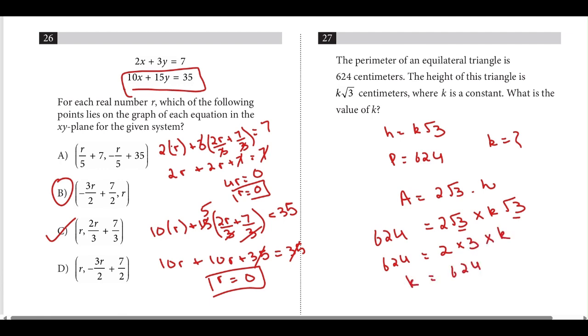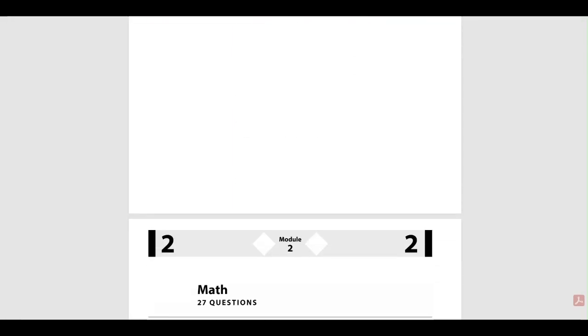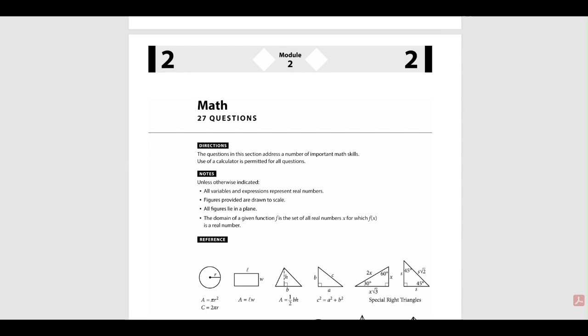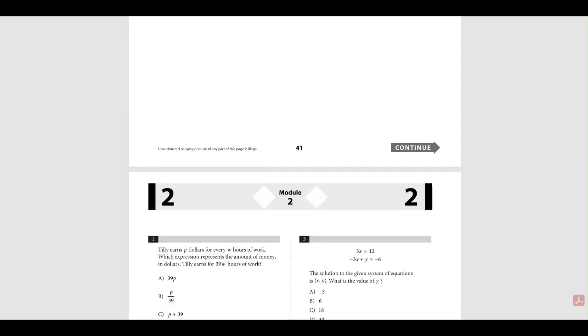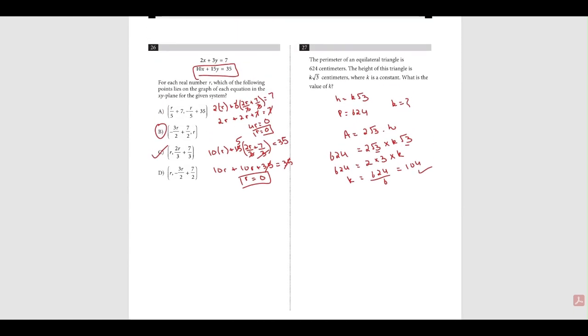So 624 equals 2 root 3 times h, which is k root 3, and 624 equals 2 times, now root 3 times root 3 is 3, times k. So k is just equal to 624 divided by 6, which is 104, I guess. Let me just check. Yeah, okay. So that is our answer for the 27th.